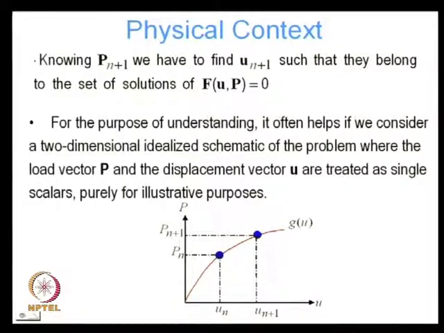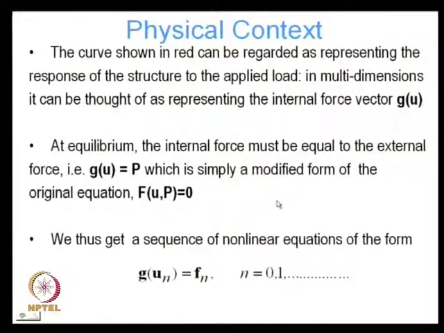You can think of g(u) as the internal response of the system to my external load p, and it is going to be in equilibrium when p is equal to g(u). So, the curve shown in red can be regarded as representing the response of the structure to the applied load.